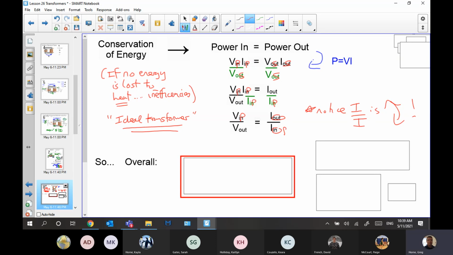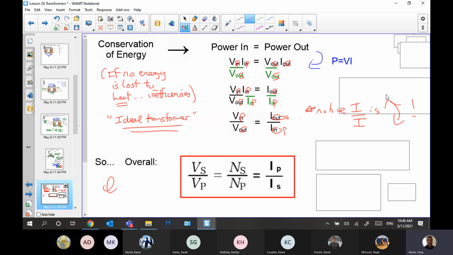If it makes it more the same as the other stuff, I just didn't notice the inconsistencies. I apologize. The out is the secondary: out is secondary, out is secondary, out is secondary. If you want to do it with S's and P's instead, we end up with this formula. Is this formula down here, S's and P's, to match the N's that we had? Yes, it is.